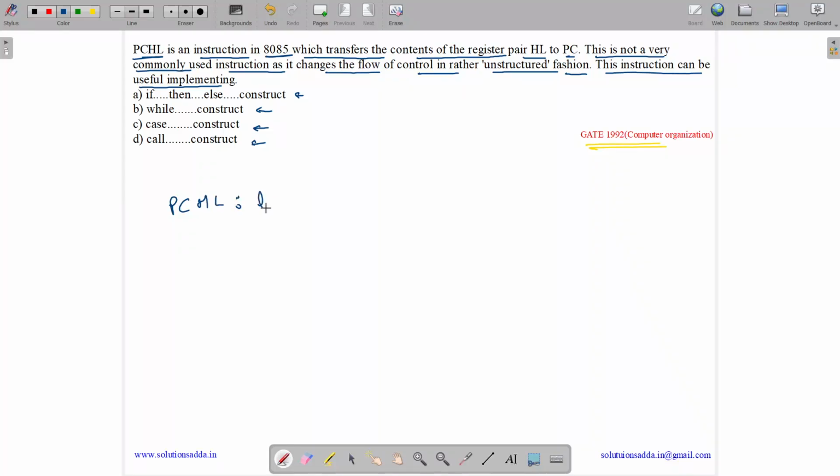So what it does is that it loads the HL contents to the program counter. And what is this HL? HL is nothing but a register pair.